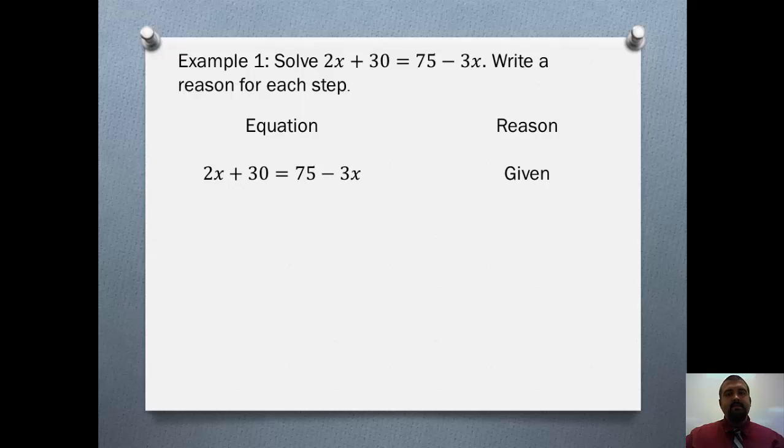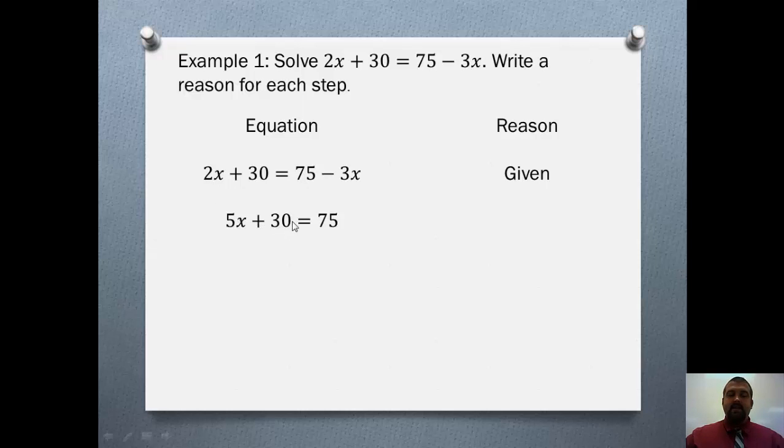The next thing I might do is get x all over to one side first, so I'll add 3x to both sides. When I add 3x to both sides, I get 5x plus 30 equals 75.